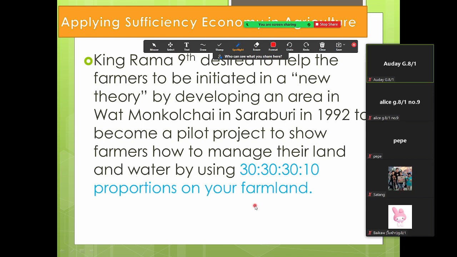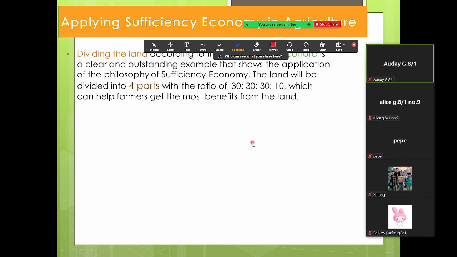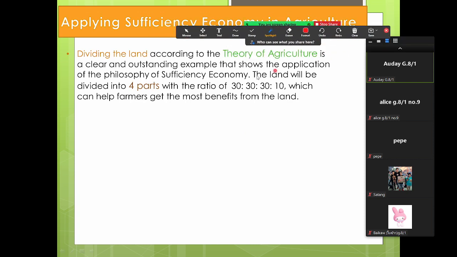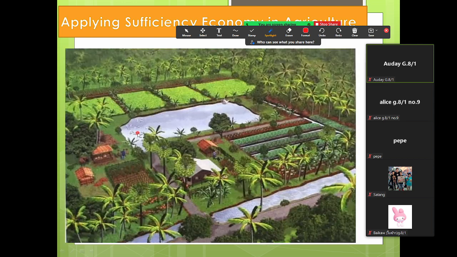So I'll show you an example with this one. Dividing the parts of the land, it will be divided into 4 parts. Let's say this is the whole area of the land.